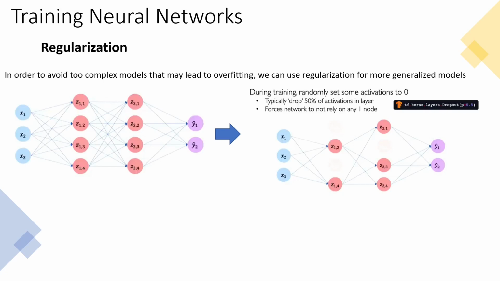That basically means during the training, we randomly set some activations to 0, which basically means we drop some of the neurons in layers. For example, this is a very complicated network. We don't want something like this. This is too complicated. That takes too much time. And if you have a network that looks like this, it's highly likely that it's going to memorize. Okay, you don't want your network to memorize so that it can generalize.